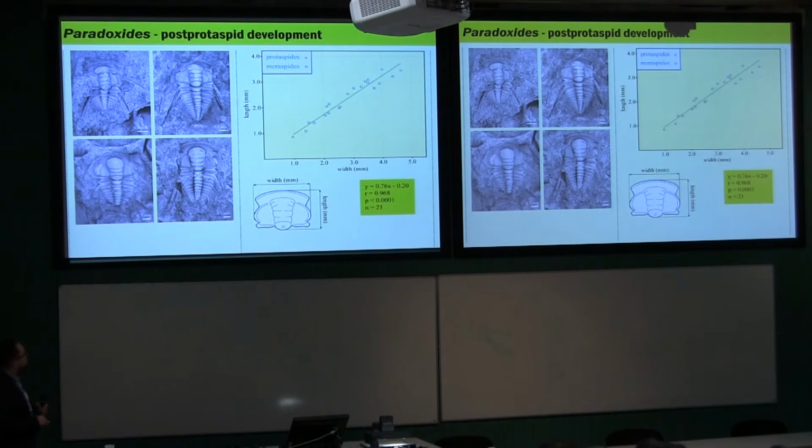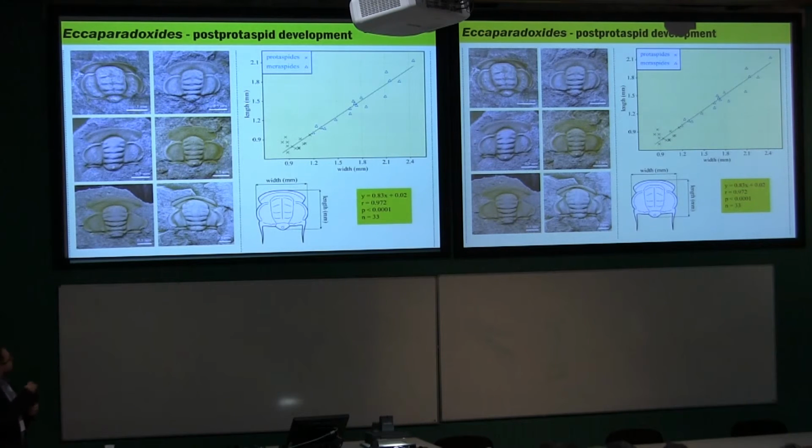So let's go through the post-protaspid development, which is the part of the development from the larval stage to the adult. We can see in Paradoxides the glabella is in almost all stages very narrow and well furrowed, while in Eccaparadoxides it is originally quite inflated, but then it becomes narrow again, similarly as in Paradoxides.